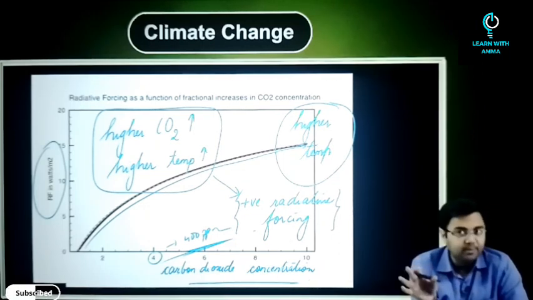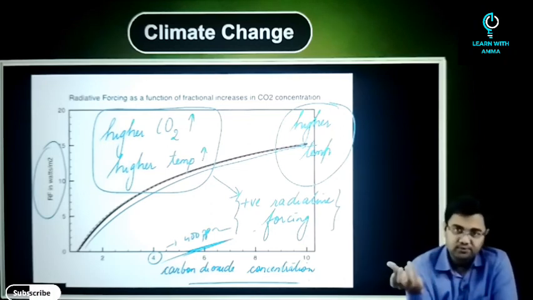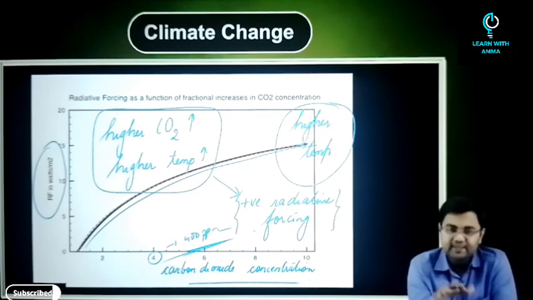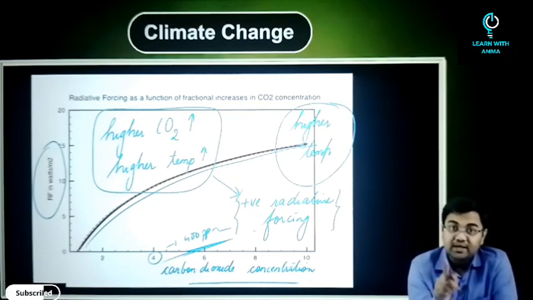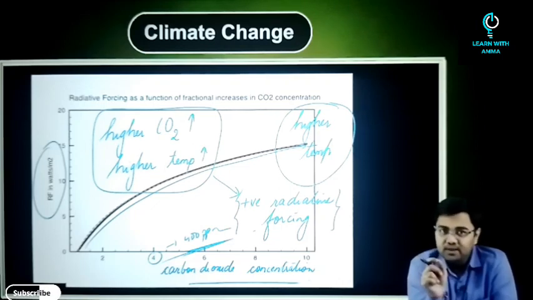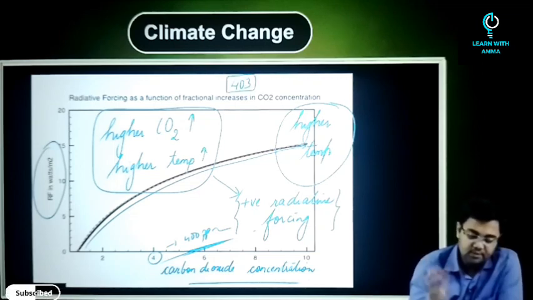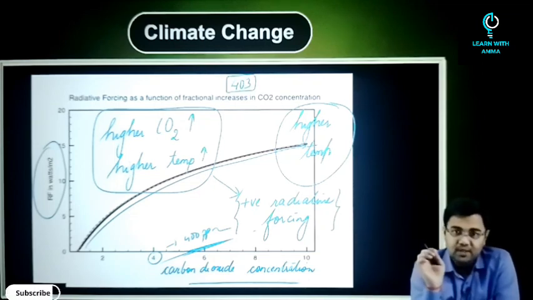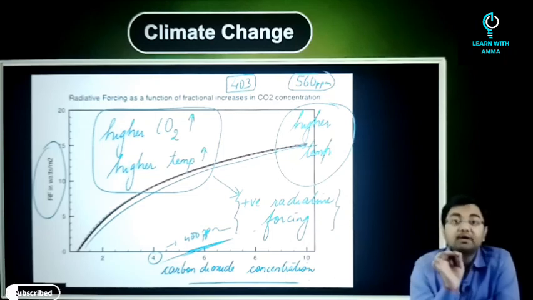You can reduce the use of fossil fuels, you can reduce the effluents coming out of your vehicles, you can do anything you want, but it will become an irreversible process. And that is the catastrophe we are heading towards. This is not very far away, because we are already at 403 as per the studies done in 2017. If it crosses 560 parts per million, it will become irreversible. So we are not very far away from doom.